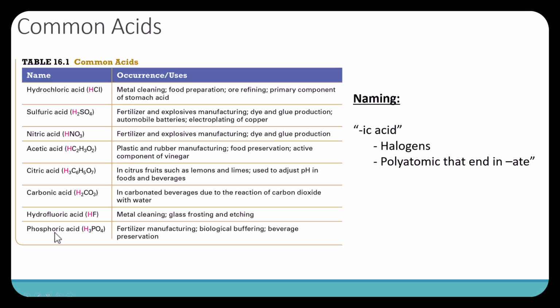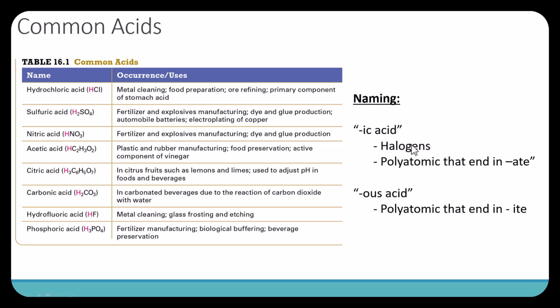Phosphate, phosphoric acid. The other thing to note with all of these is that there is a hydrogen in the front. That's going to be really important as we start to talk about the definition of acids, donating that hydrogen or getting rid of that hydrogen. So that's why you see that hydrogen is highlighted.